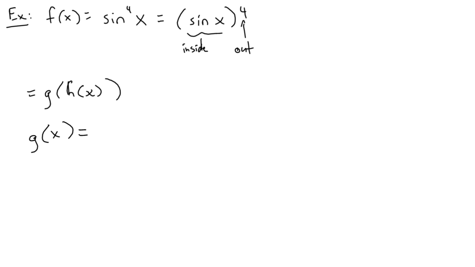Notice I didn't say x to the 4th, but it's just the thing that raises things to the 4th power. So g of x is x to the 4th. G of anything is that anything to the 4th. And h of x, well, you take anything, you take the sine of that thing. Okay, and then we can see g of h of x is sine x to the 4th, which we always write like this. You just have to be careful.